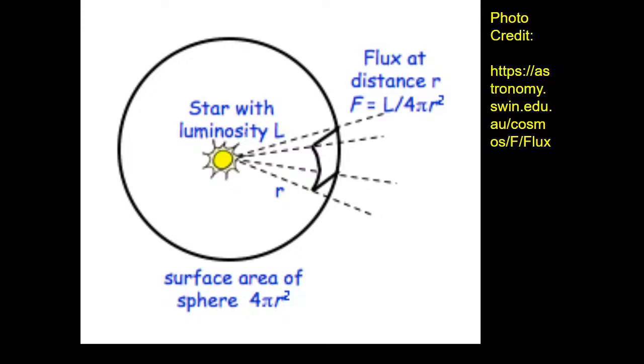That means it is emitting energy at the rate of 1000 joules per second. Then by measuring the flux of radiation that is reaching you, you can find out what is the distance of the street lamp from you.